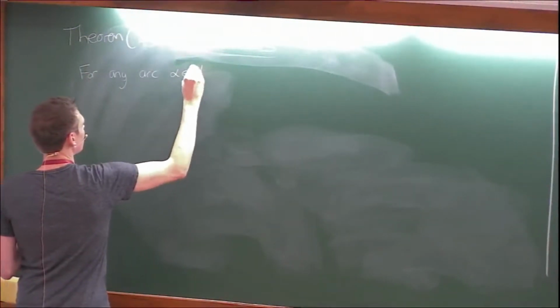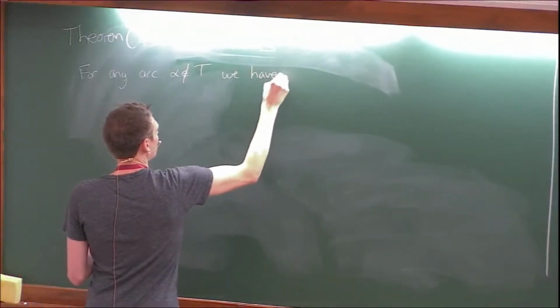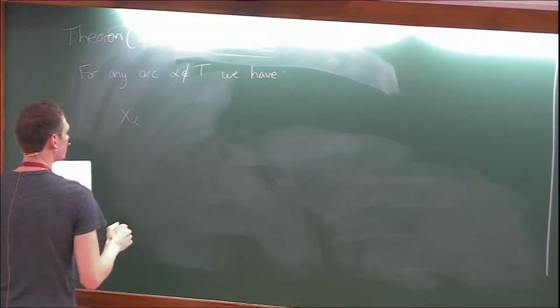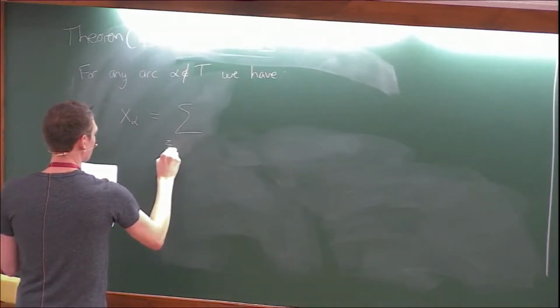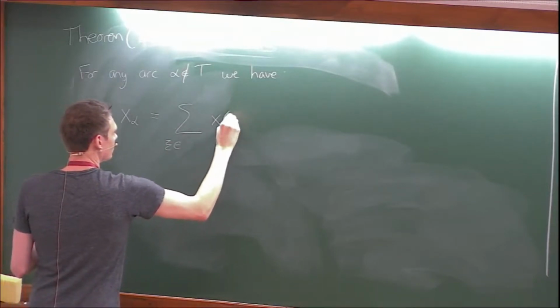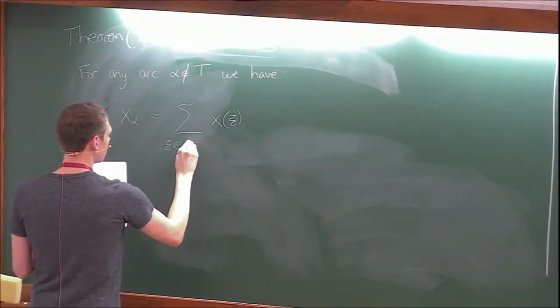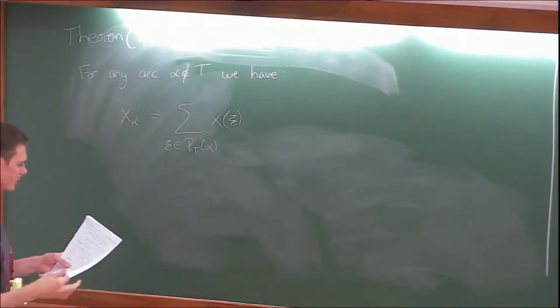Which says for any alpha that we could have picked, we have the following expansion formula for the corresponding variable, which is going to be the sum over all of these x of zeta, over all t-paths of alpha, right?